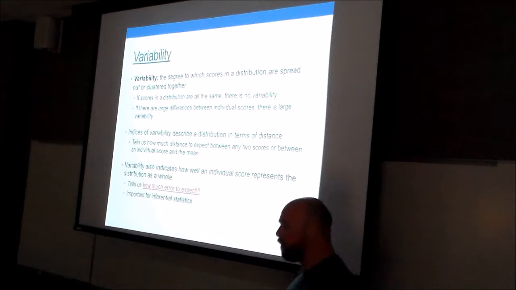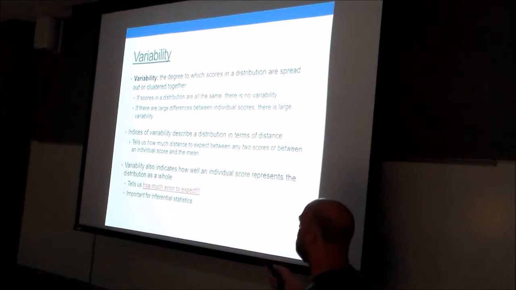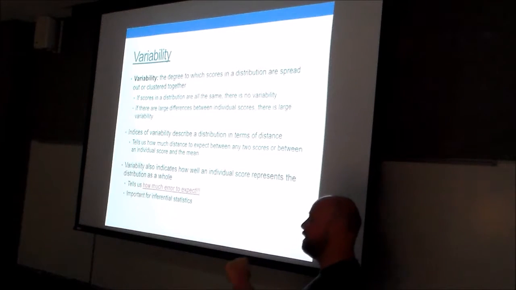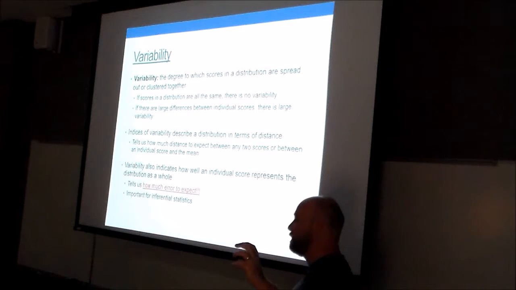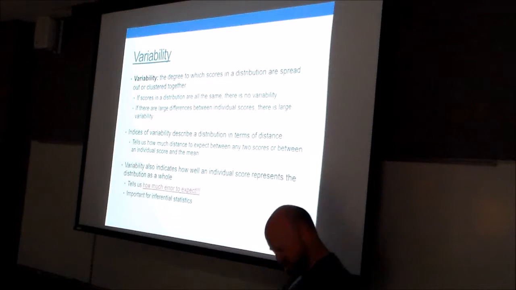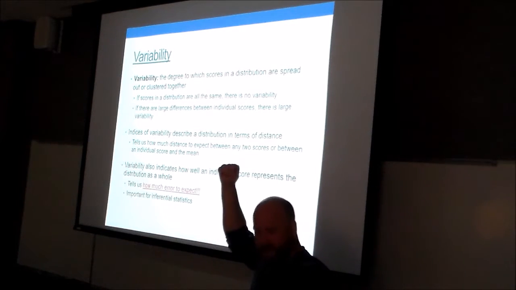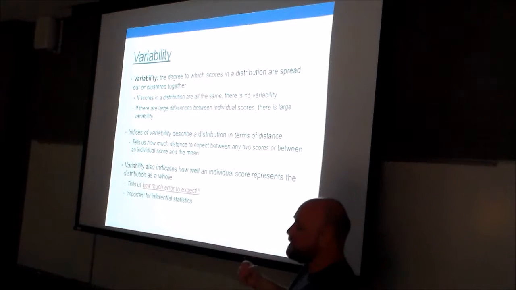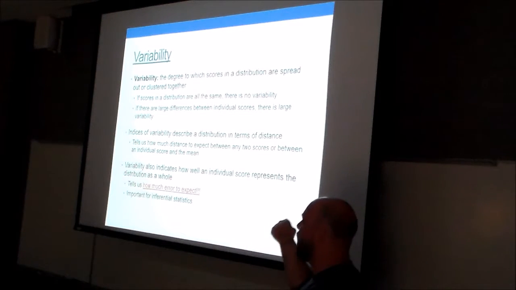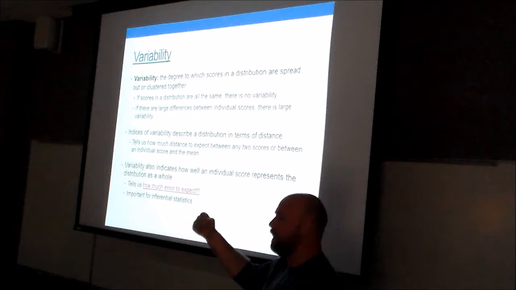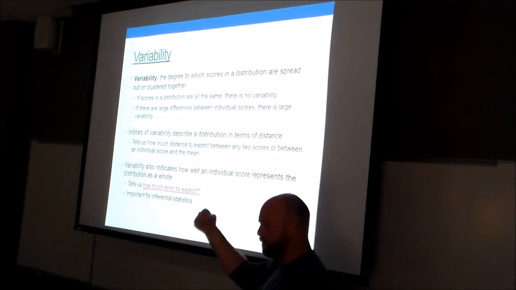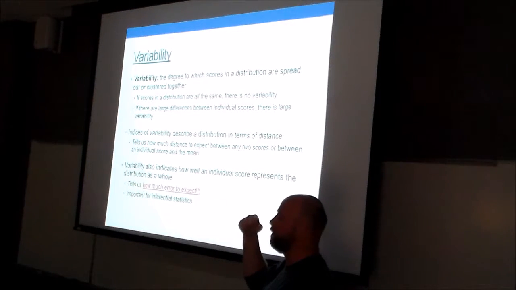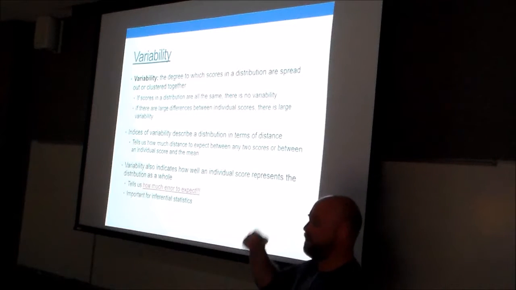Also, I think this is important from a conceptual standpoint, variability is going to give us some sort of rough idea of how well an individual score that we would randomly select from the sample represents it. Here's our sample scores. Pull one out without looking, and I have to guess how representative this score is, and I'm hoping that it's representative of the whole sample. I've got 2 bins.